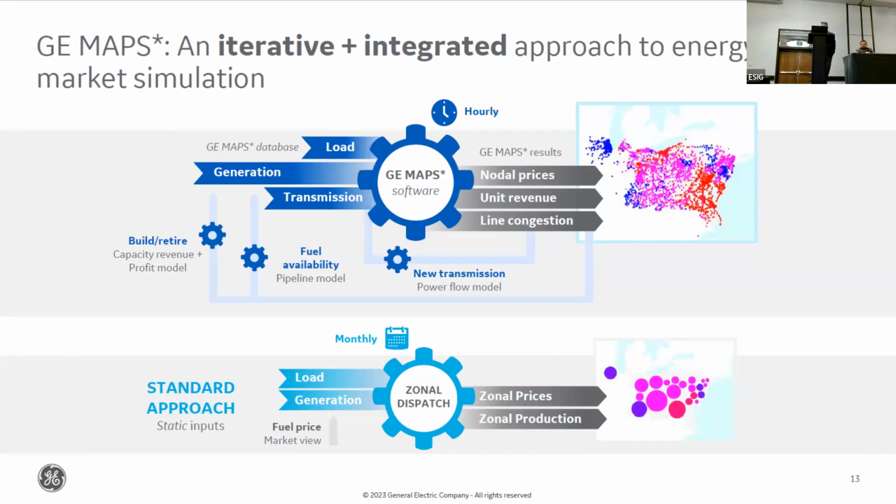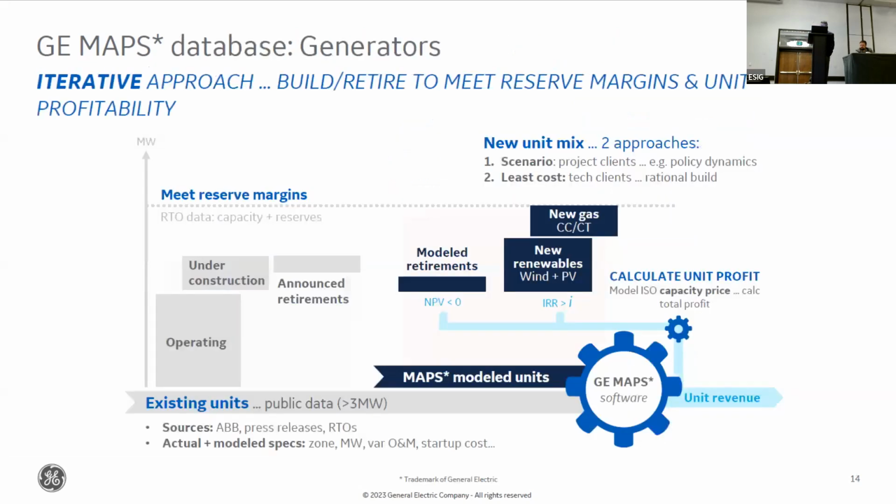The primary inputs historically are load, usually on an hourly basis, obviously your transmission and your generation, and then the outputs are nodal prices, unit revenue, line congestion, and so on. MAPS is not a capacity expansion model.